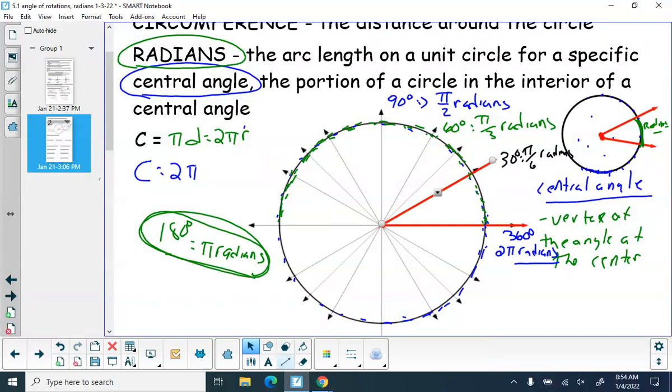The last one that we'll look at is 45 degrees. 45 degrees would be what in terms of radians? 1/4 of pi, or pi over 4.